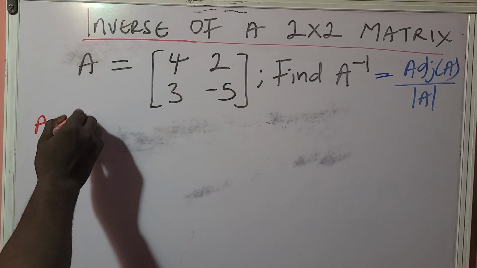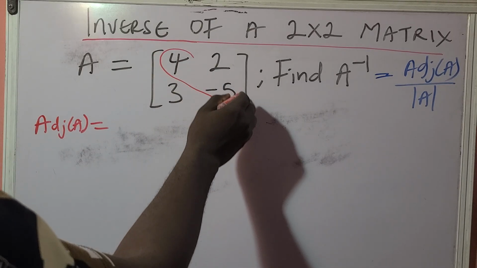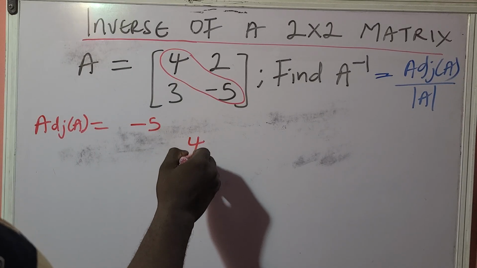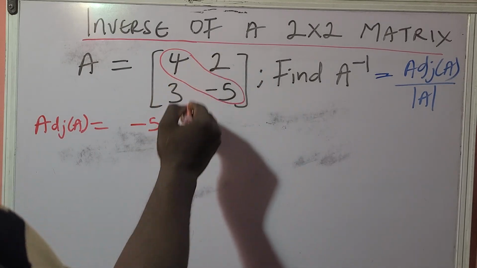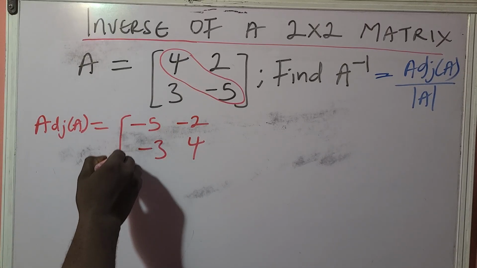So the adjoint of A is gotten by interchanging the elements of the leading diagonal. So we have minus 5, 4, and changing the signs of the other diagonal, minus 2, minus 3.